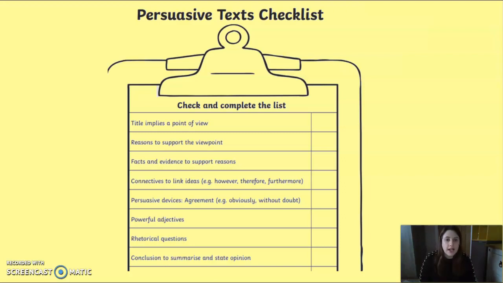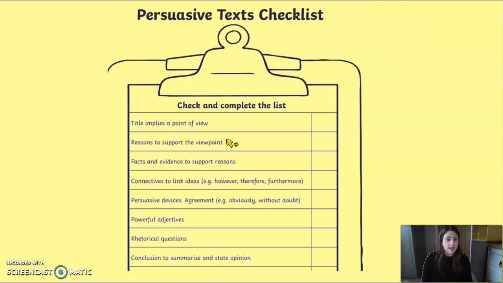So there's a bit of a checklist on the screen, really. You want a title that implies a point of view, and the point of view is going to be that it is amazing. And then you fill the leaflet with reasons to support the fact that it is amazing. So it's amazing because it's got this, this, this, and this, okay? So we are persuading in a really positive way this week.